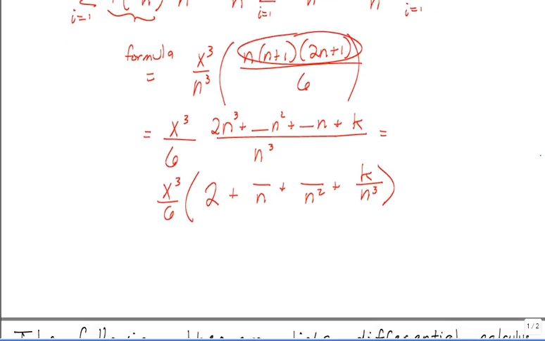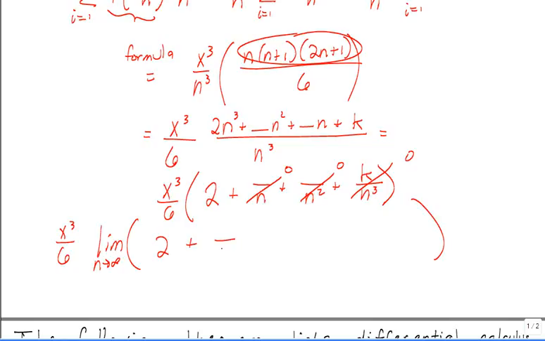And we take the limit of that. The x cubed over 6 can come out front. That's going to be 2. That's going to go to 0. That's going to go to 0. That's going to go to 0. So when all those go to 0, that's just going to be 2 over 6, so x cubed over 3. And that's going to be our F(x).